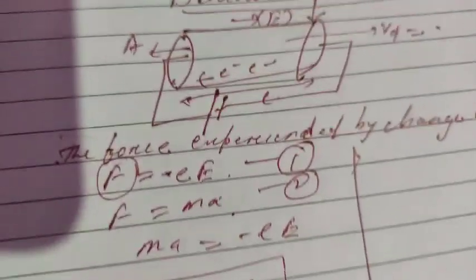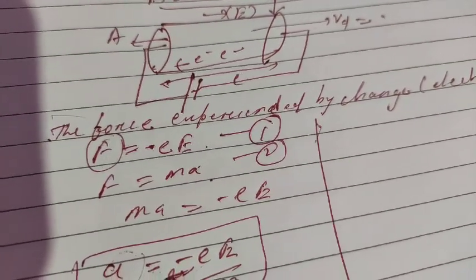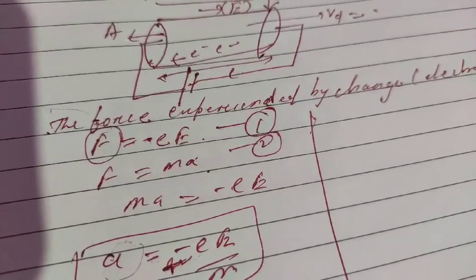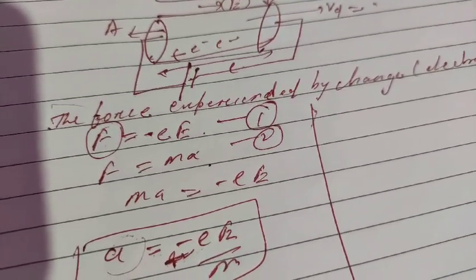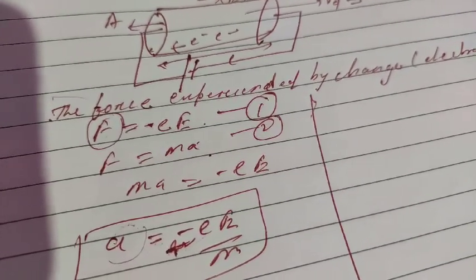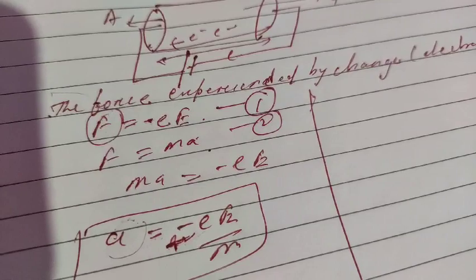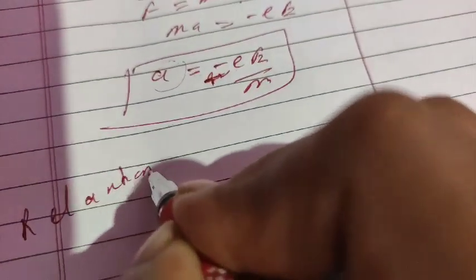So what happens, student, when we apply the electric field on a conductor? Sometimes there is a collision between the electrons, right? And if the collision is taken between two successive time intervals, the small time interval between two successive collisions is known as relaxation time. Please remember it. What is relaxation time?